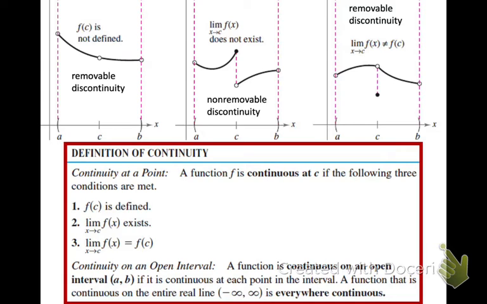The limit of f of x as it approaches C is the value at C. So the limit at C would be, let's say, 7, but the value of f of C is 5. So that's discontinuous. That's what I was trying to say and didn't say very well. Thank you for asking the question because that needed some clarity.